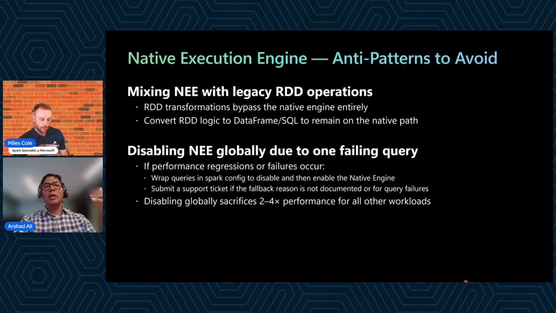So you enable it, execute the part that runs in the native execution engine, and for the part which falls back to the JVM, you disable it, and then you can go back and enable it again. All these flexibilities are built into the native execution engine so that you can enable and disable it. Our recommendation is to avoid disabling it globally for everything. Instead, be specific and disable it for the part that is failing back.